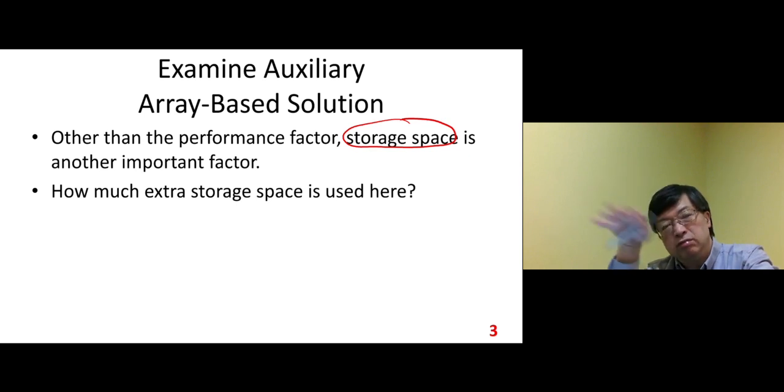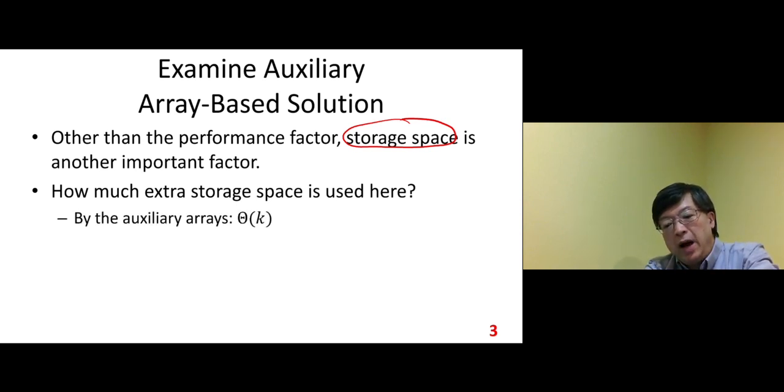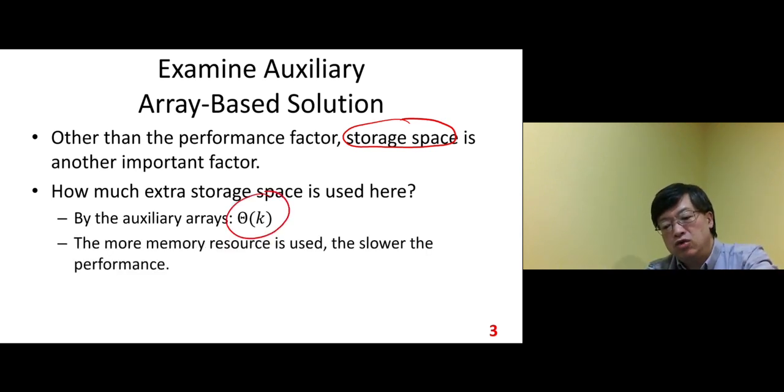The total number of locations assigned to those two auxiliary arrays is the extra space we need to pay. Suppose the data size is k, so we need this much extra space. The more memory resource is used, the slower the performance. For the whole application, if we use too much space, then we slow down that application.